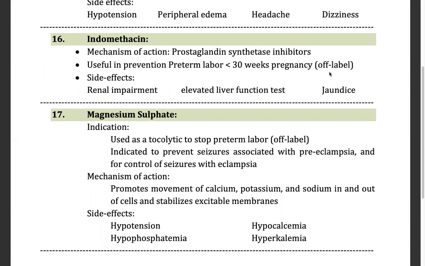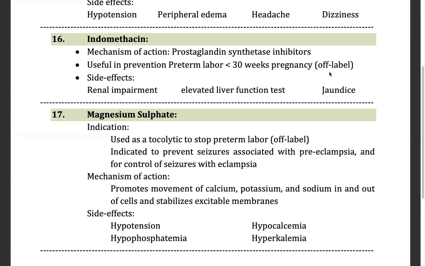Use this drug for the prevention of the preterm labor, but it is found useful for the prevention of preterm labor. Side effects: renal impairment. As we know, all of the NSAIDs except paracetamol have an effect on kidney functions.